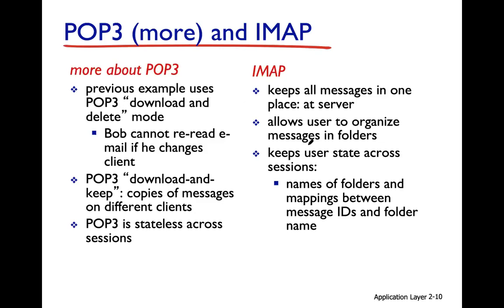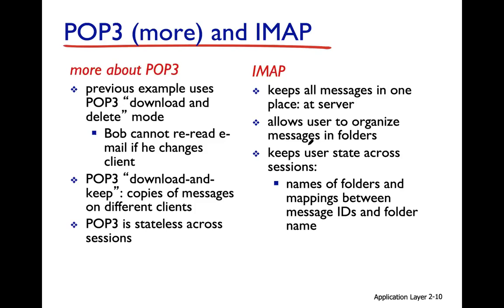But sometimes we want to organize our messages and put them into different folders. Then IMAP allows you to do that. Also, IMAP does not do the download and delete version. So every message is stored in one place at the server, so you can go to any place and access that mail. Also, IMAP is a stateful protocol, like HTTP with cookies.